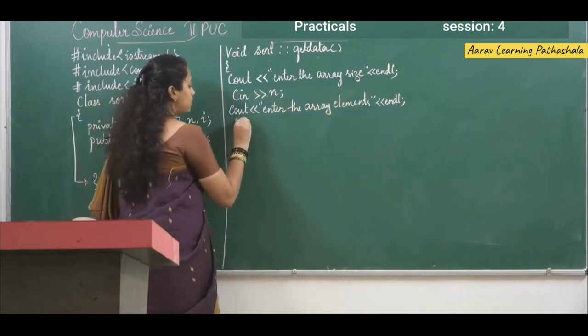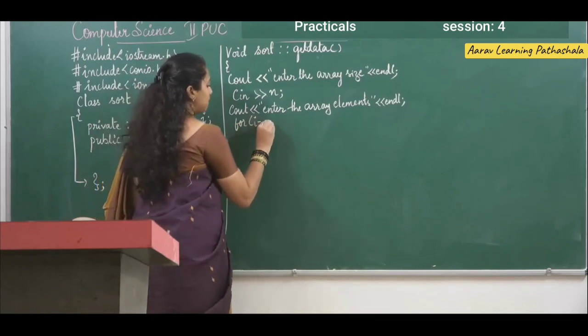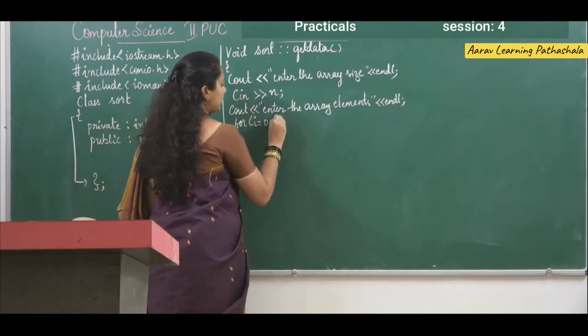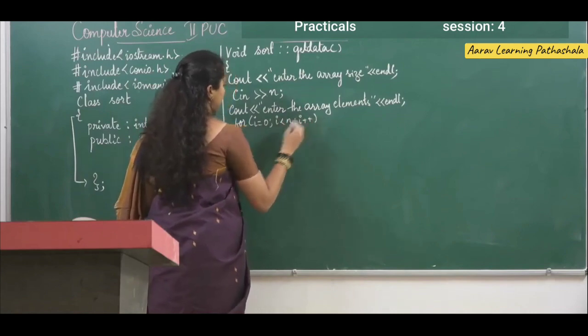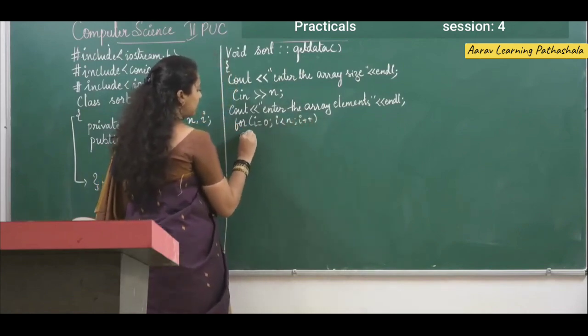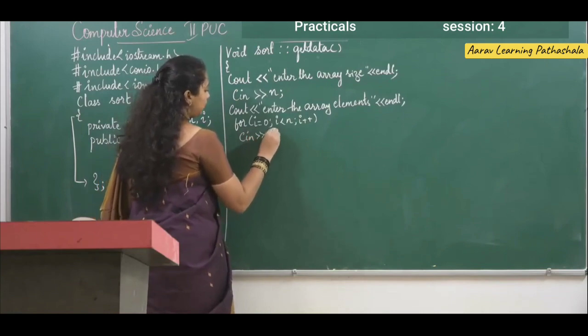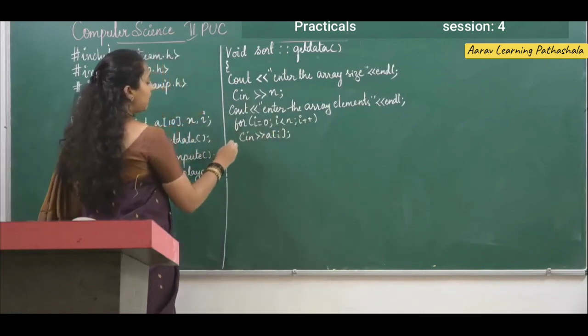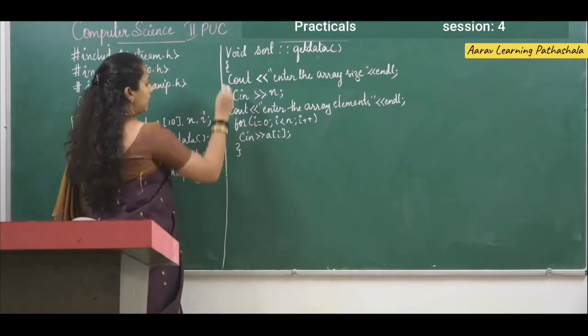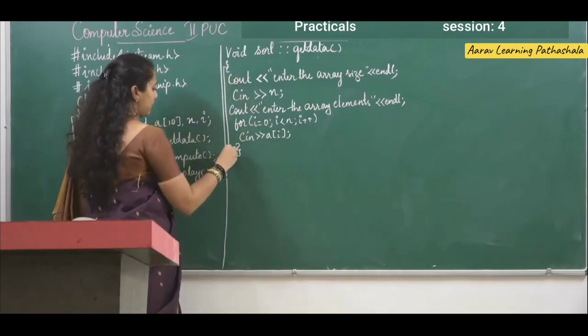Using a for loop, we are going to accept the array elements: i is equal to 0, i less than n, i plus plus. cin >> a[i]. So this is about the getdata function. I am going to close this function.